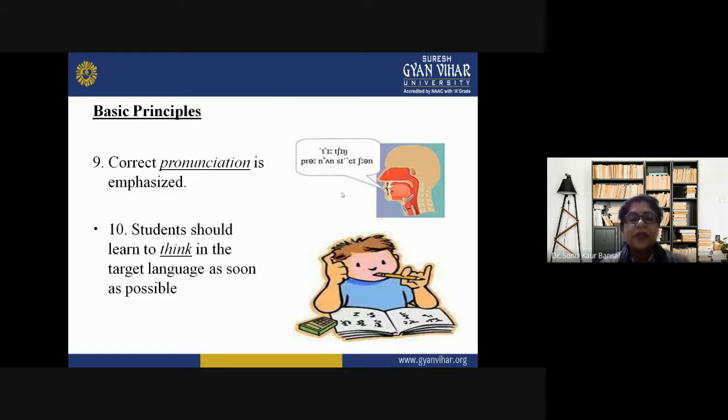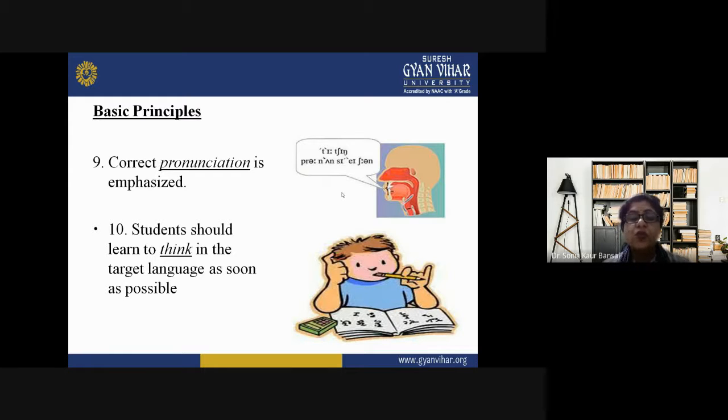Now, basic principles: correct pronunciation is emphasized. Students should learn to think in the target language as soon as possible. Here in this method of learning the English language, which is called the direct method or natural method, the basic thing is that whatever pronunciation the teacher is exhibiting, students are learning that only.